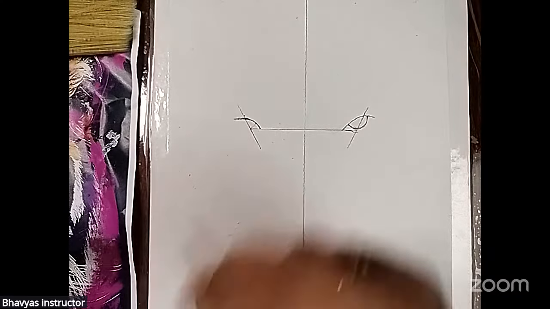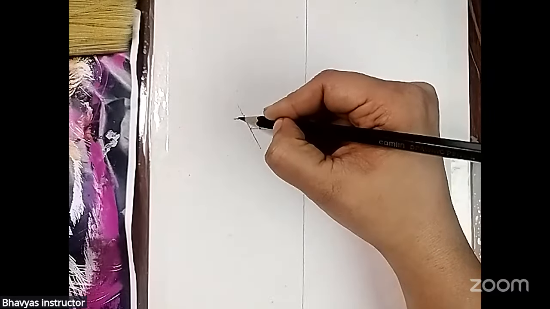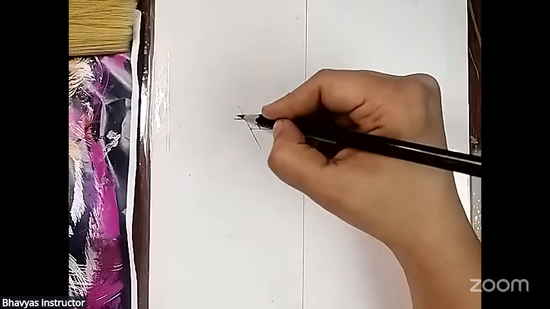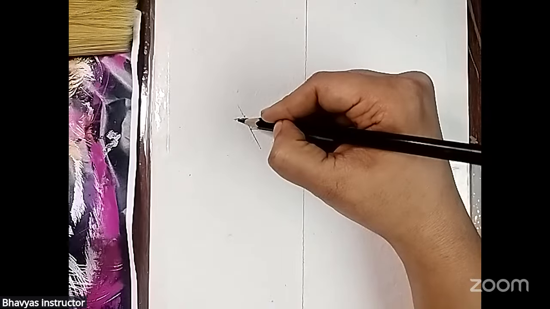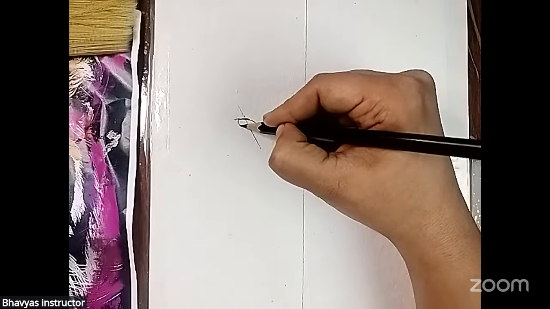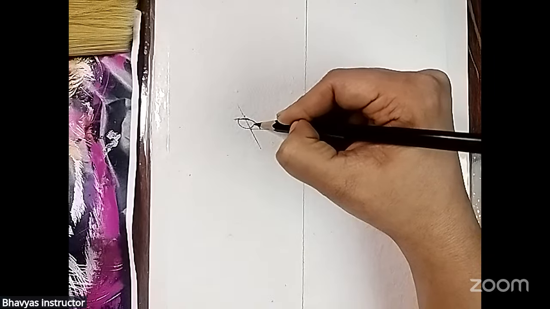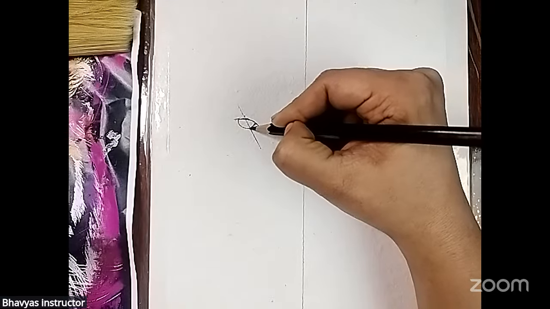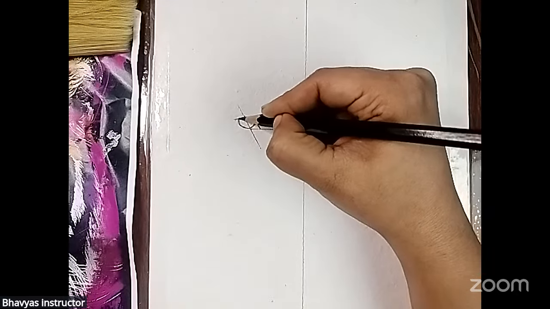Now join the two dots with a half circle like this.